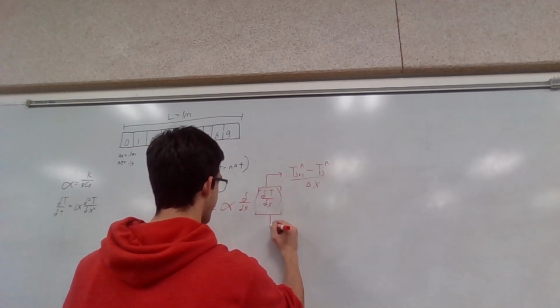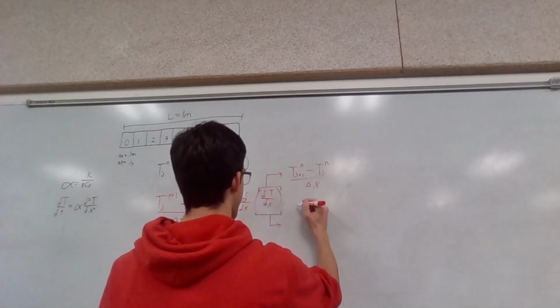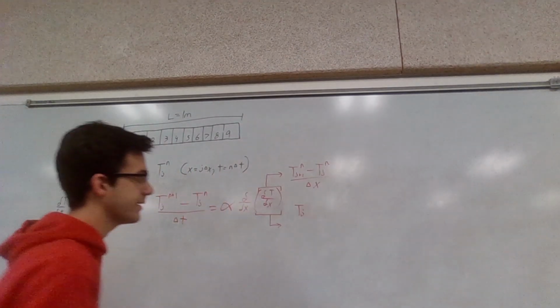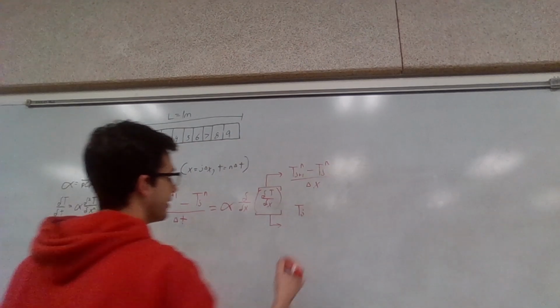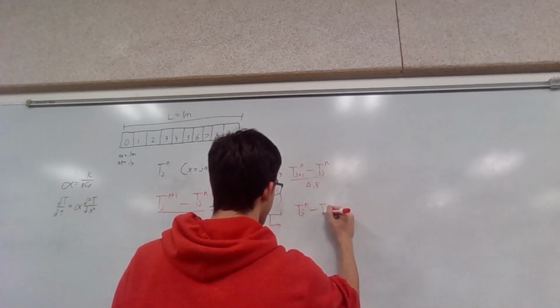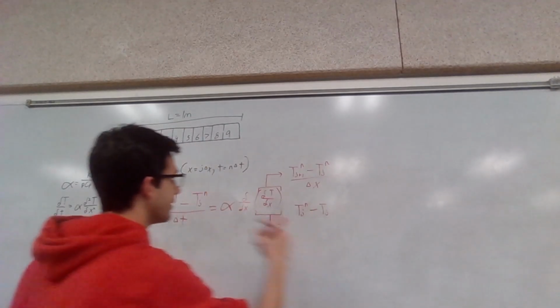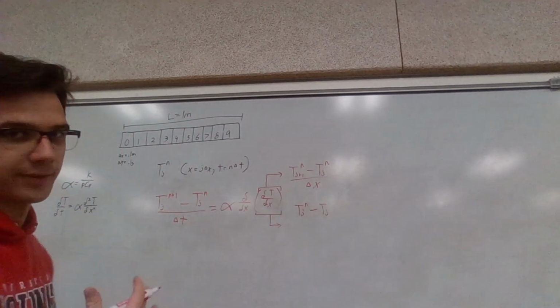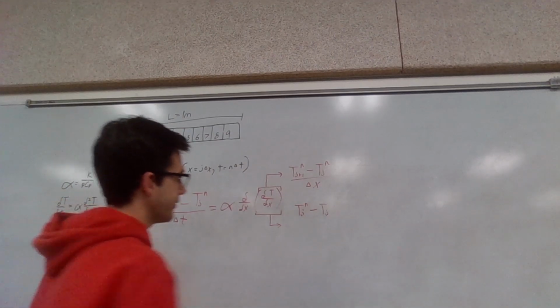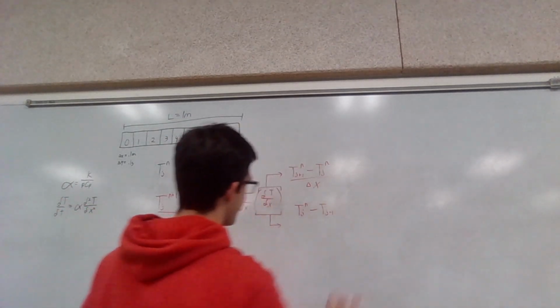We could describe this term also at some T j, some position, at the same time, minus T j, except this time instead of dealing with one to the right, we'll deal with one j to the left. So you see that this is T j minus 1.